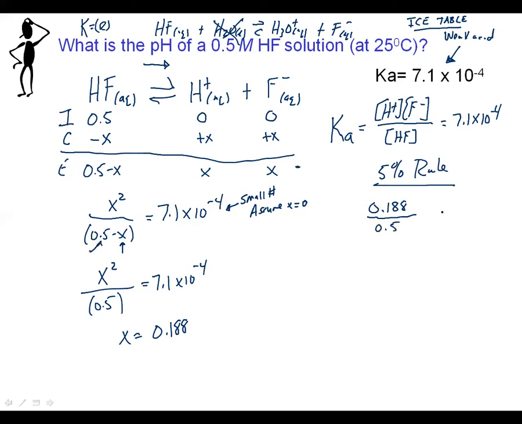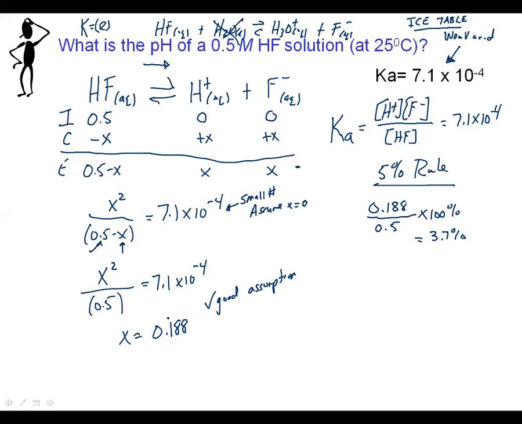You times it by 100%. And if you do that, you get something like 3.7%, which means this is a good assumption. Again, it's under 5%. Any questions on that? Checking your assumption or any of that?